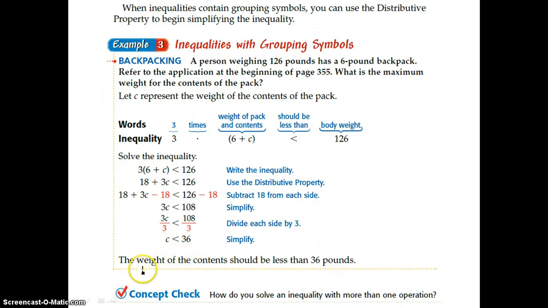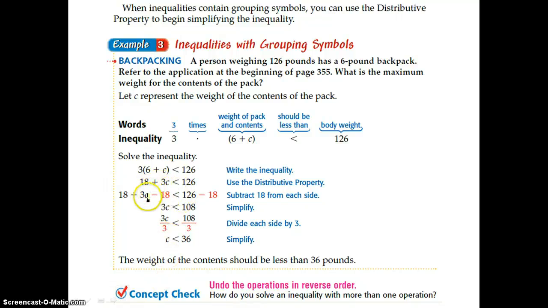So let's do a concept check right here. How do you solve an inequality with more than one operation? And we've talked about this before. Even with equations, it's the same answer. So take a second to come up with your answer and then continue the video. All right, you should have answered something like you undo the operations in reverse order. So instead of doing PEMDAS, or please excuse my dear Aunt Sally, you actually start with addition and subtraction, just like up here.